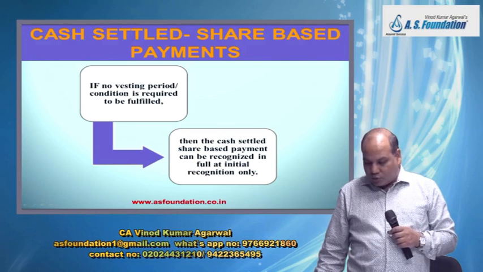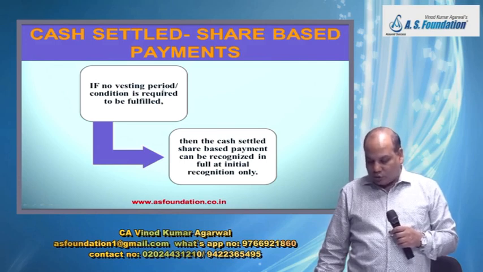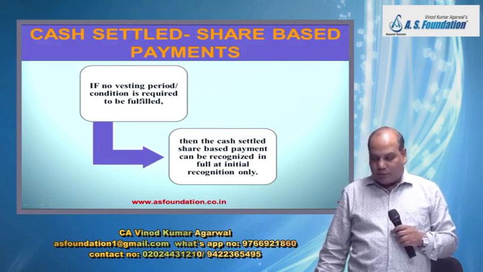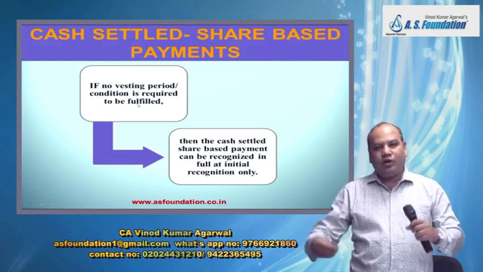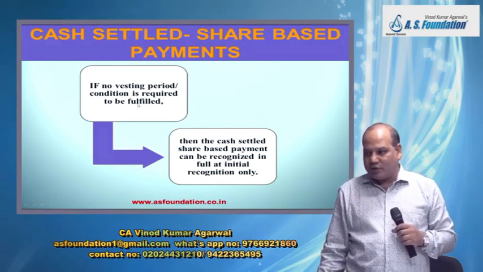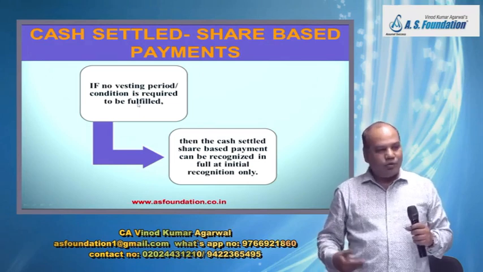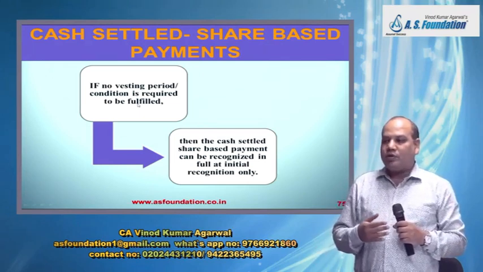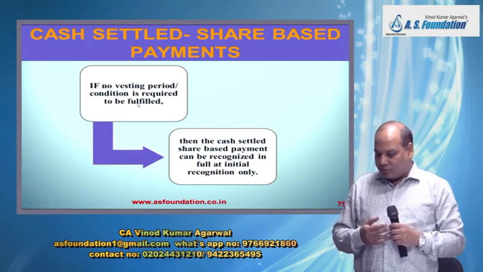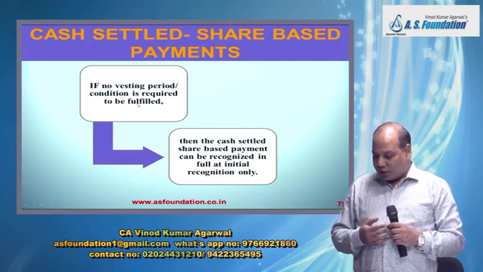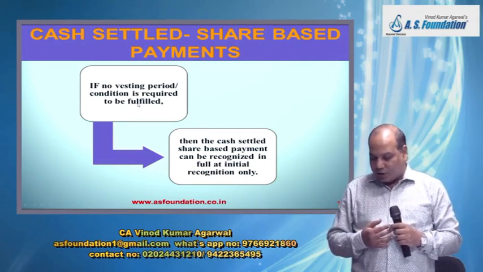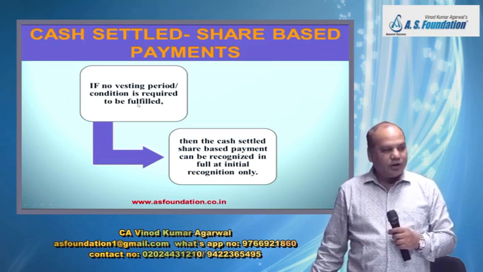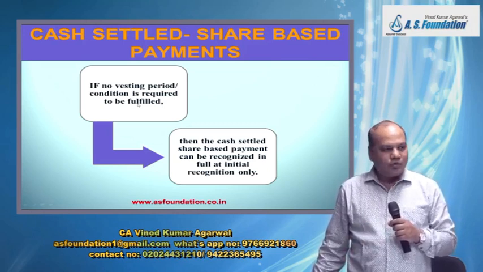Now if there is no vesting period or no condition is required to be fulfilled, means he has already done his service, given his service, so no more vesting period, no more condition. Since he has already rendered the service, the cash settled share based payment will be recognized fully at the time of initial recognition only.